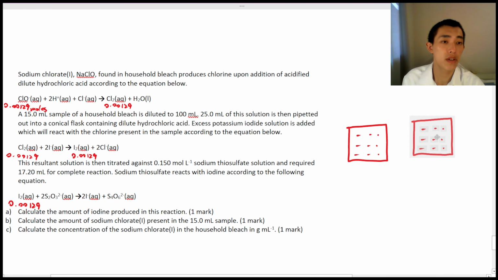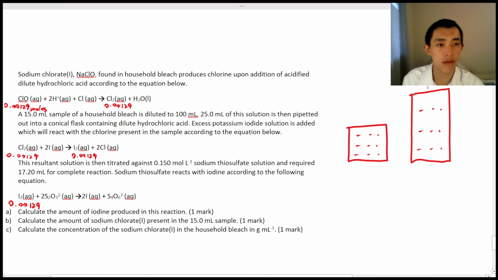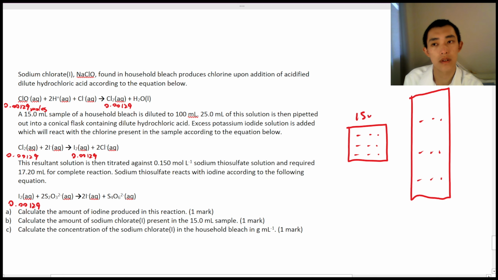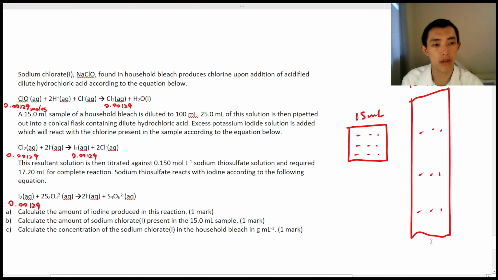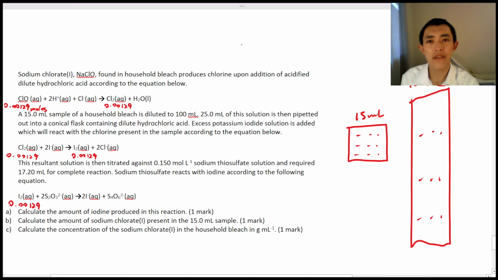No, right? So I'm going to dilute it from 15 mils to 100 mils. We can see that the number of moles has not changed. Okay, now, out of this 100 mils, maybe that should be a bit longer to keep it to scale. Out of this 100 mils, 25 mils is going to be pipetted out to be used.